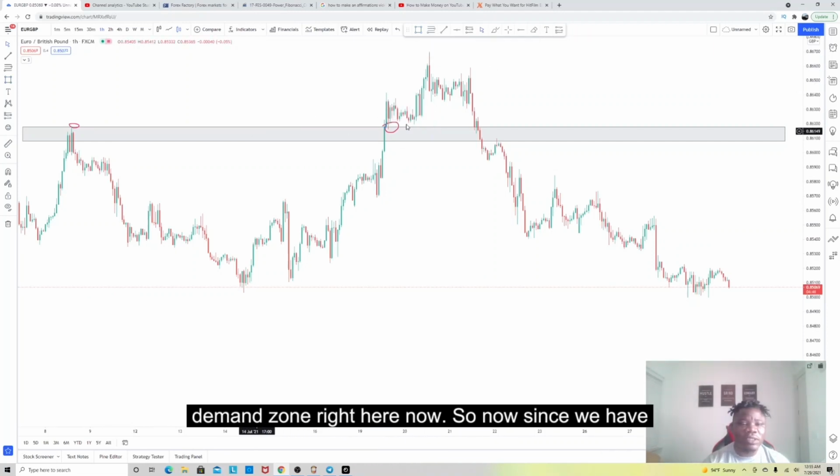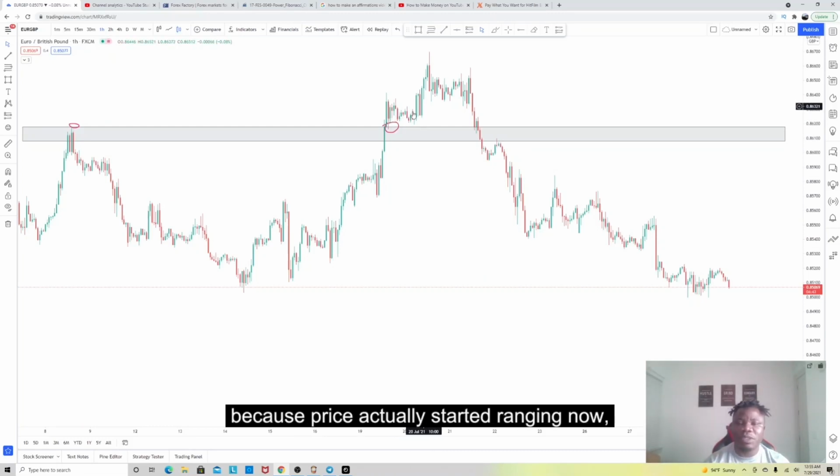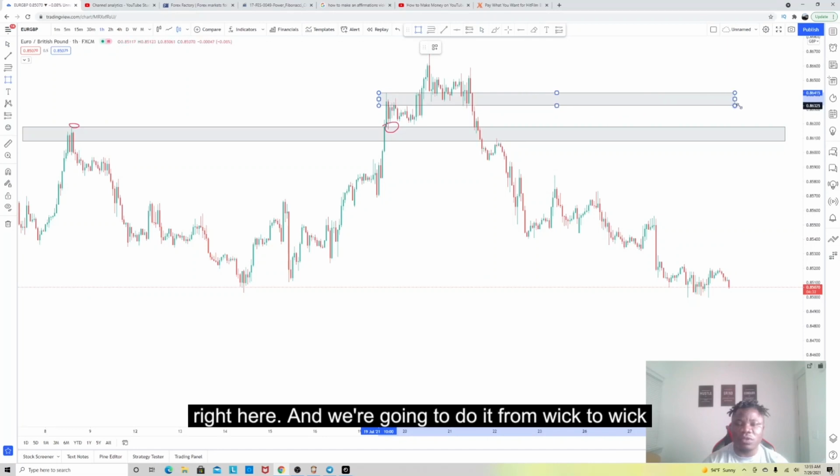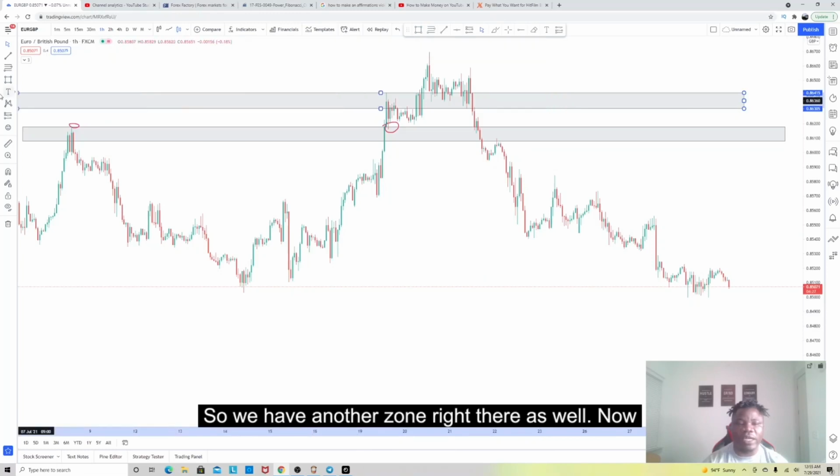Since we have this breakout, because price started ranging, we now have another zone right here, and we're going to do it from week to week. So we have another zone right there as well.